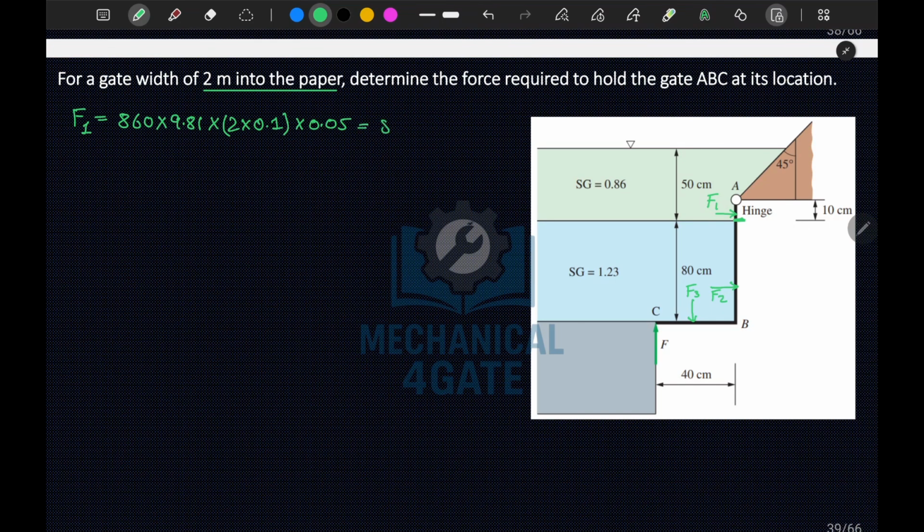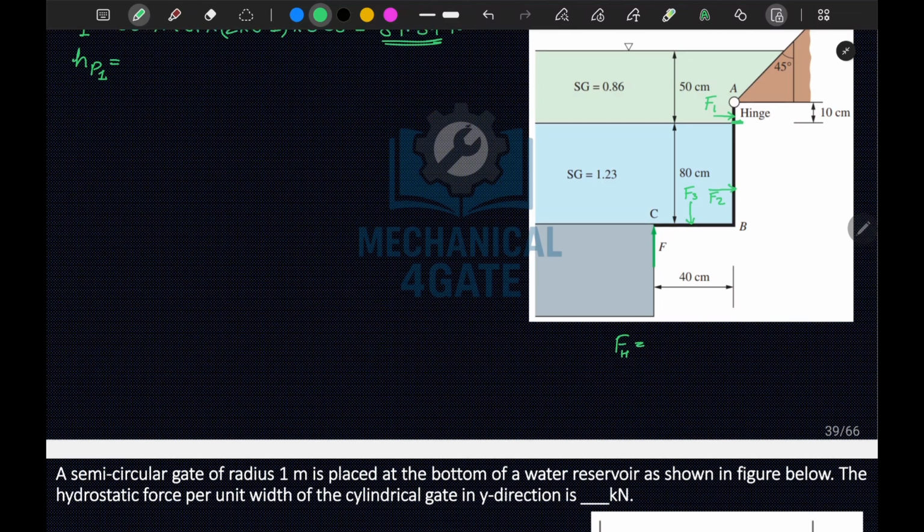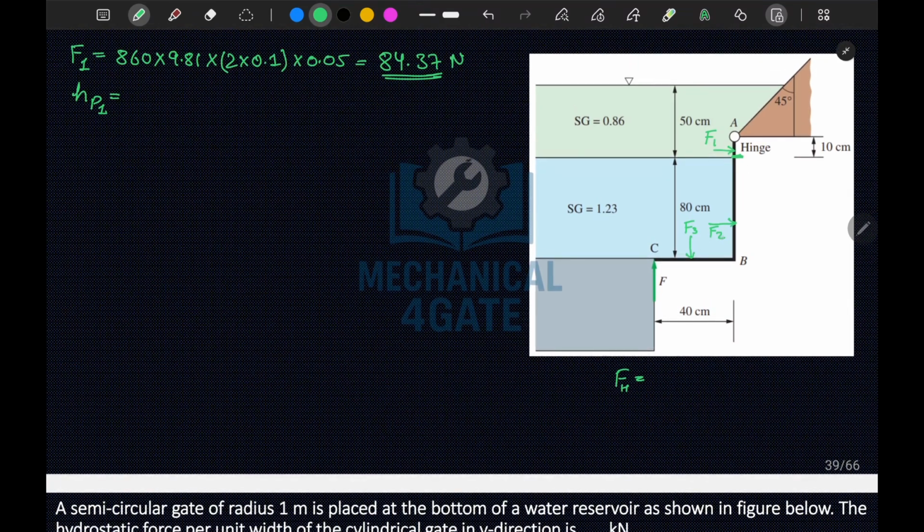So here we have obtained 84.37 Newton, okay. This is the value of F1. If I calculate HP1, let me write the formulas here first.